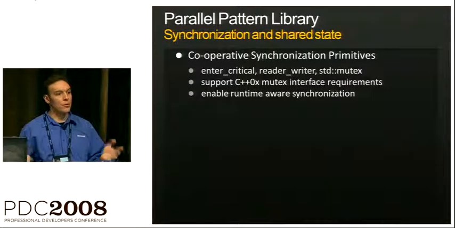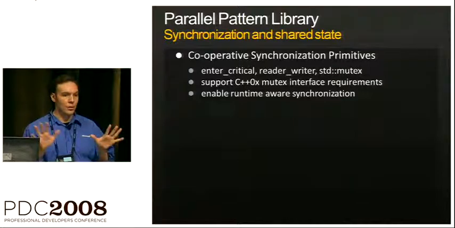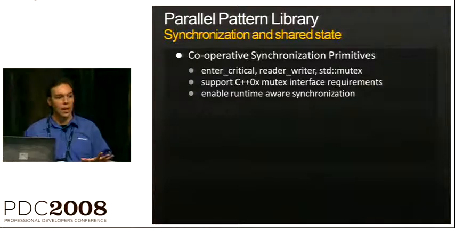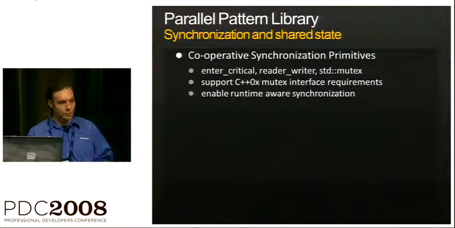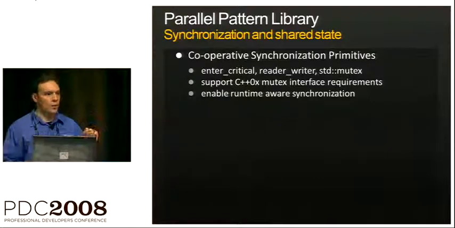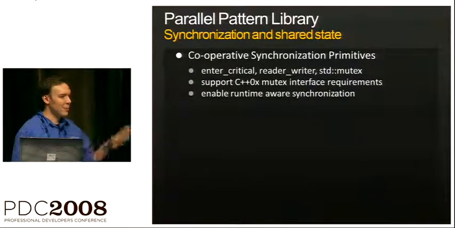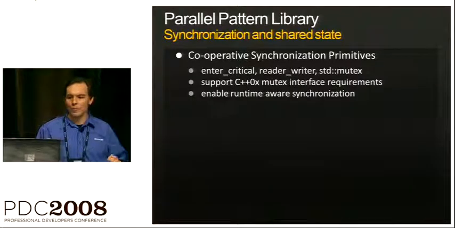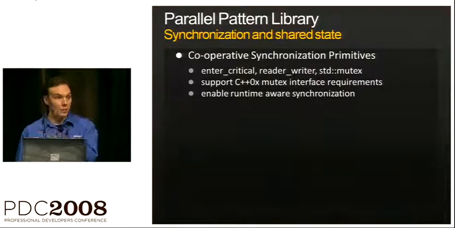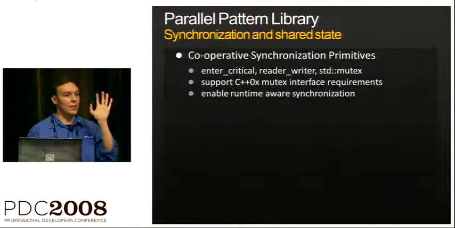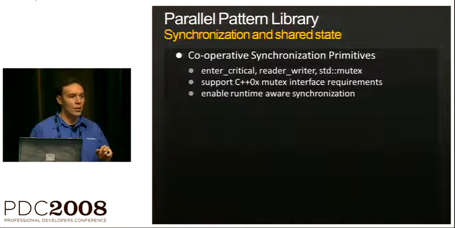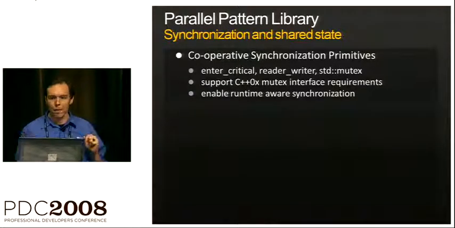We can use that as an opportunity to run something else. So the concurrency runtime and the parallel pattern library will have a set of locks built in that are cooperative. We're looking at a critical section, a simple reader writer, and of course, C++0x is adding std mutex. So at some point, that will come online in the future.